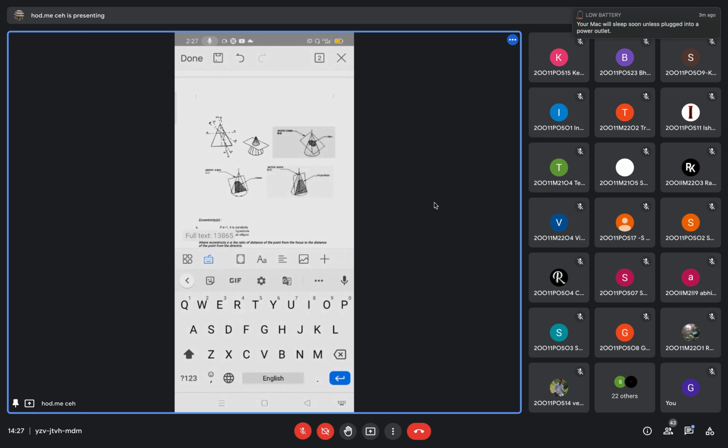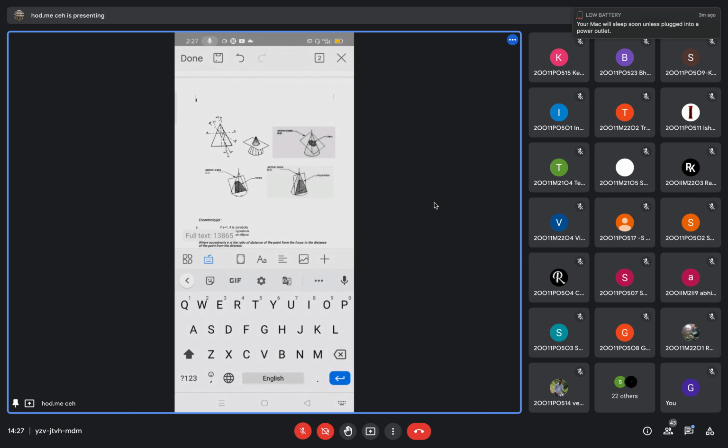This constant ratio is called the eccentricity. It is denoted by the letter E.